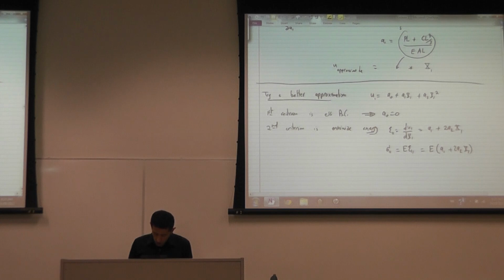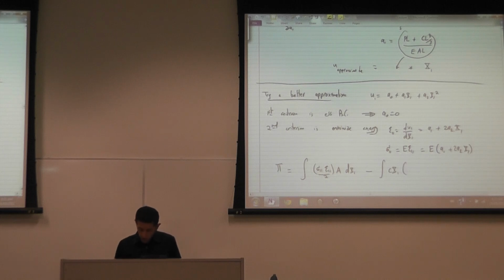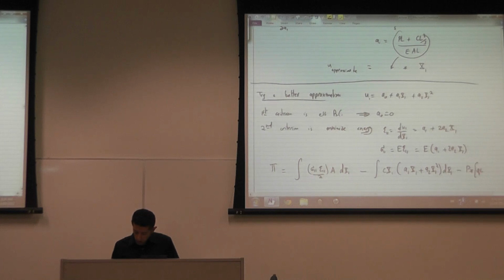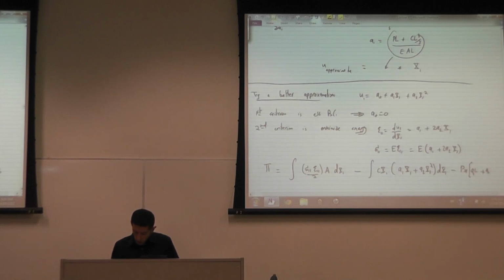And the potential energy of the system is equal to the integral of sigma 1 epsilon 1 over 2 area integrated over the length minus Cx1 multiplied by the displacement minus the force multiplied by the displacement, which is a1L plus a2L squared.